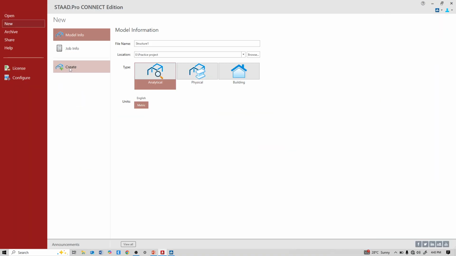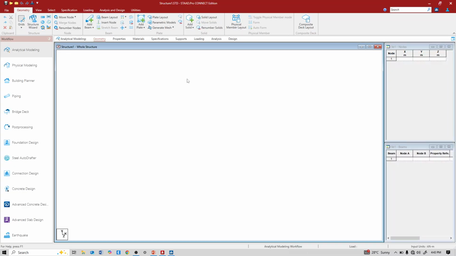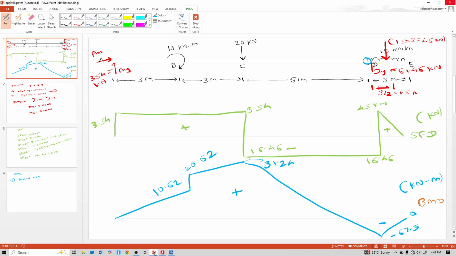Unit is metric, create, type is analytical model. Total length of that beam is 3 plus 3, 6, 6 plus 6, 12 plus 3, 15.